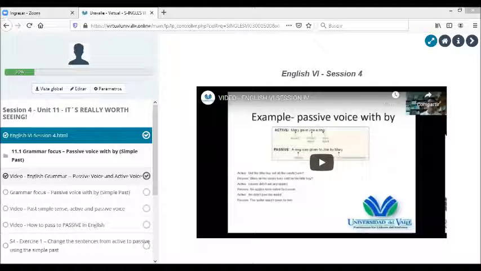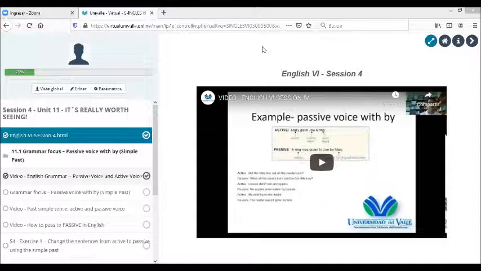Okay, today we are going to be working in the platform and I'm going to be explaining to you the way that you are going to be working for this session. Before getting started, I want to tell you that in every single session of the class we have an introductory video, which is a general explanation of the session.